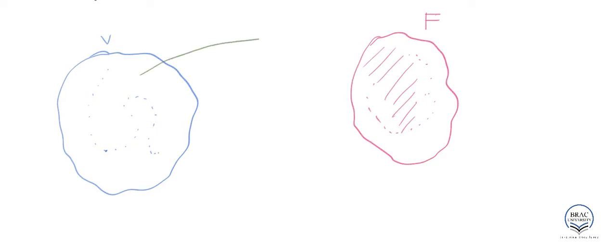This map takes a vector from here, and this map is called phi, and it will produce a number out of these vectors, and the way we write it is phi from V to F, that is, it will map to the field.